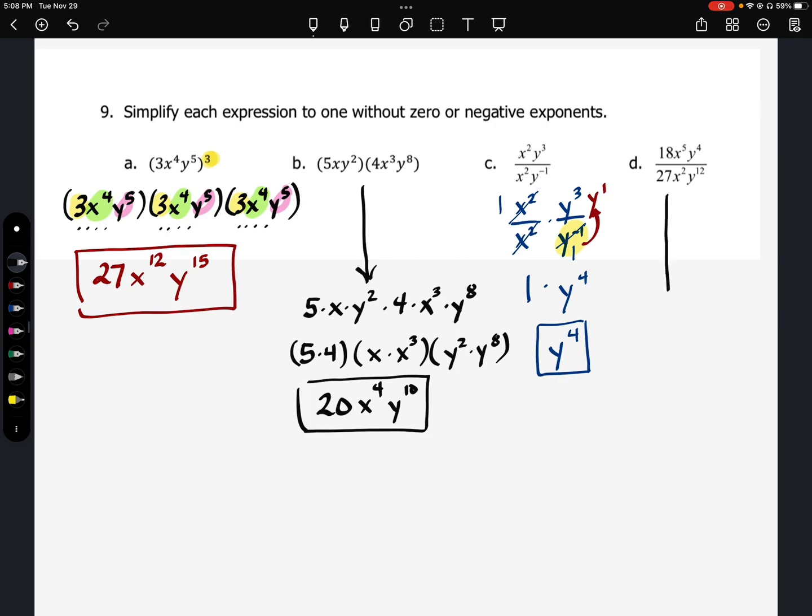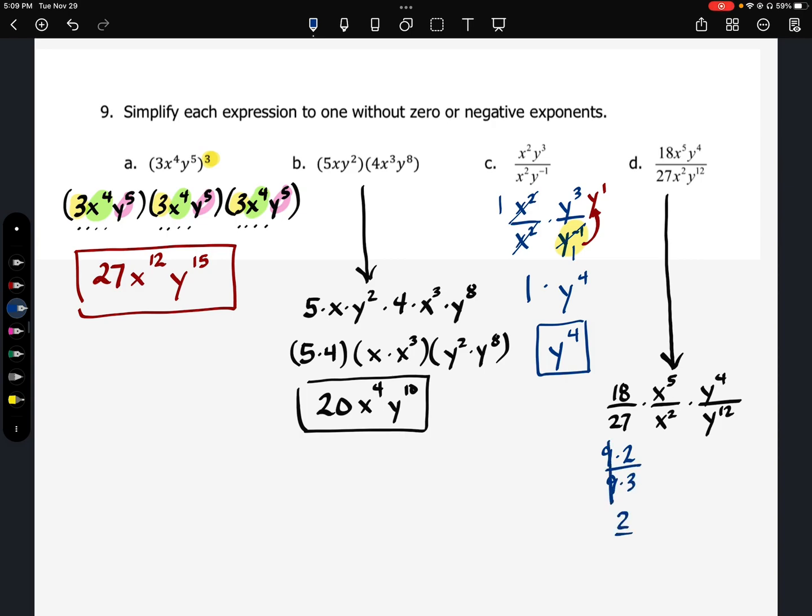I'm going to move this one down just a little bit lower, just so we don't run into the other work. I'm also going to split it: 18 over 27 times x to the 5th over x squared times y to the 4th over y to the 12th. Now 18 over 27, we know that's like saying 9 times 2 over 9 times 3, which the 9s would cancel.